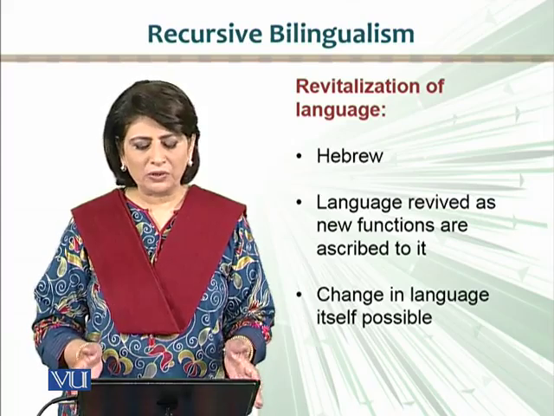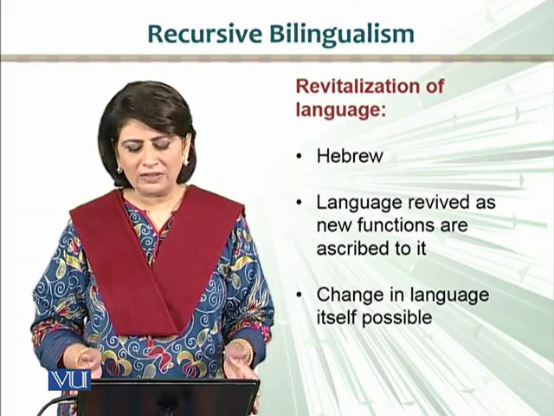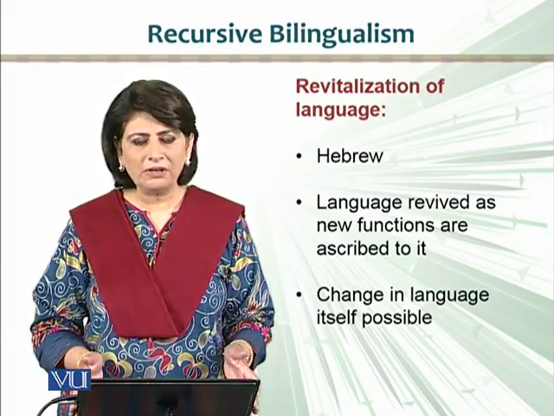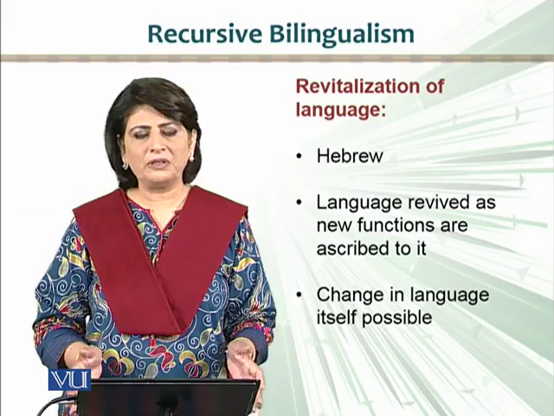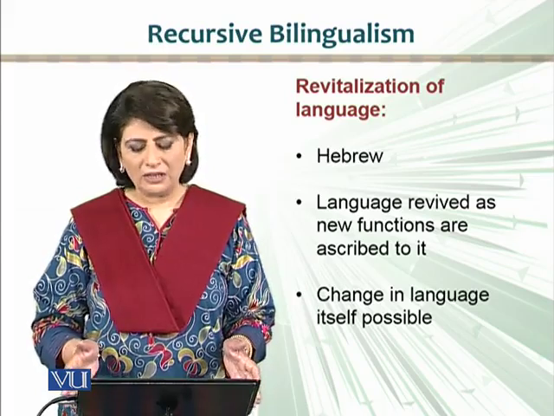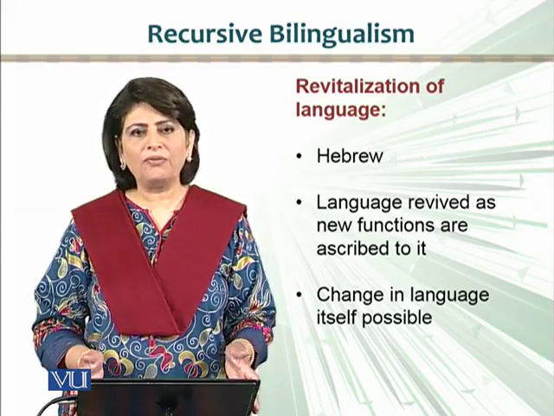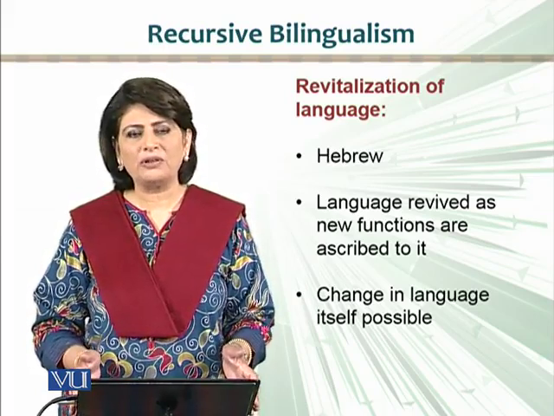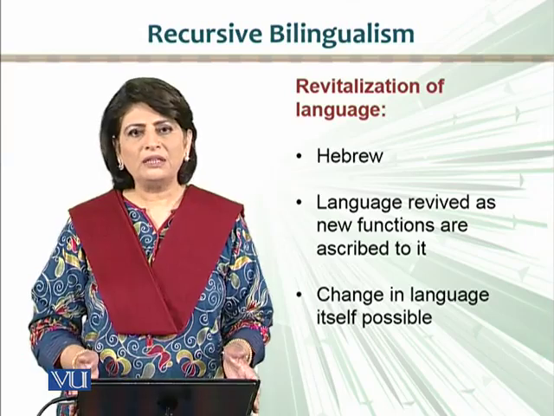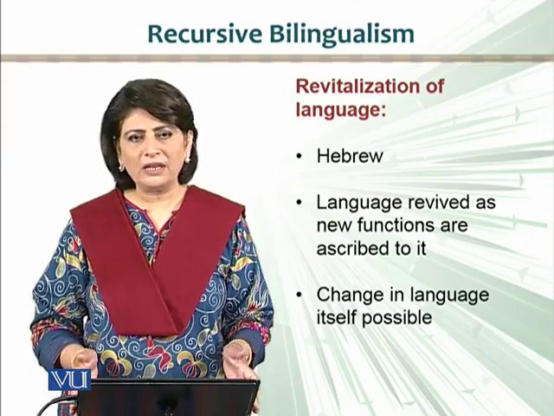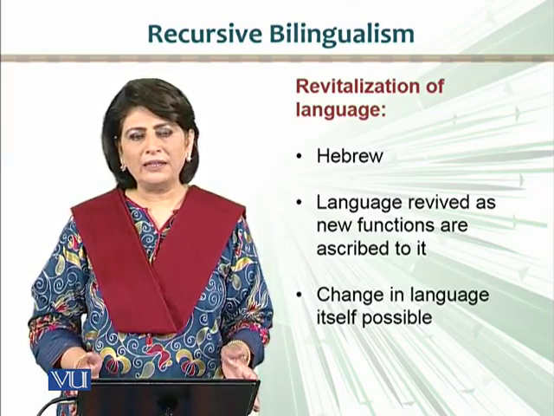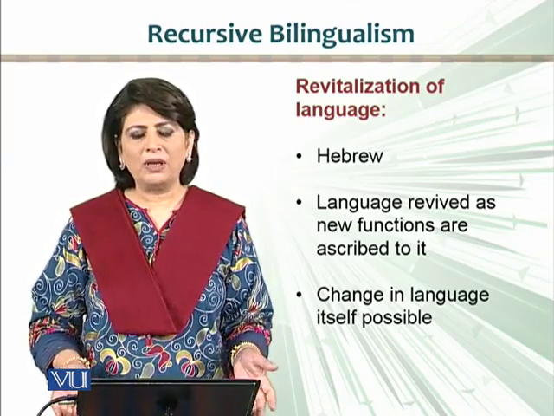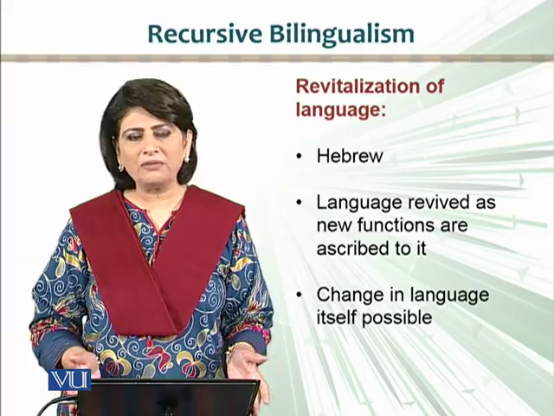Remember that when we are talking about recursive bilingualism and language revitalization, it can happen at the state level, in which you set up certain academies in which the new types of functions that you want to ascribe to the language are looked at closely in a systematic way, and then new vocabulary is formed, and you develop that language.